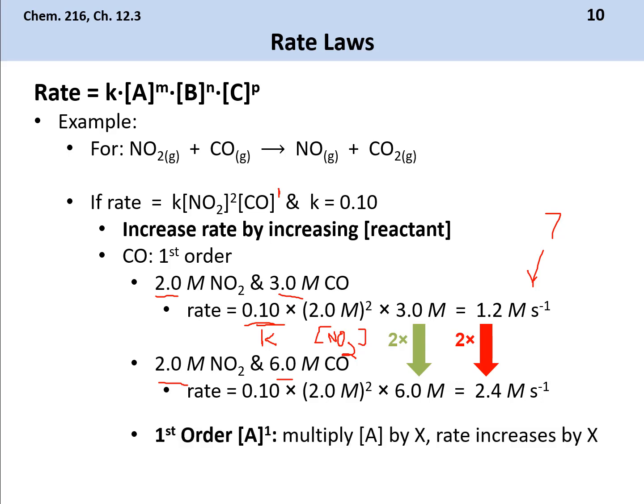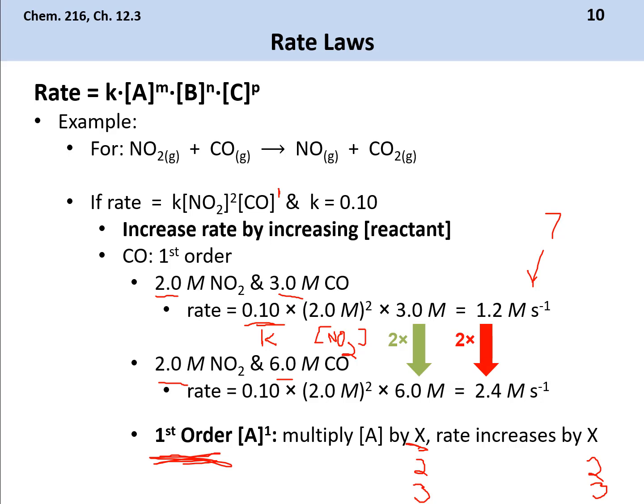So whenever I have something that's first order, like A to the 1, in this case CO to the 1, if I multiply A by some value x, the rate increases by x. Here I doubled it, so my rate doubled. If I increase this by 3, my rate would increase by 3.